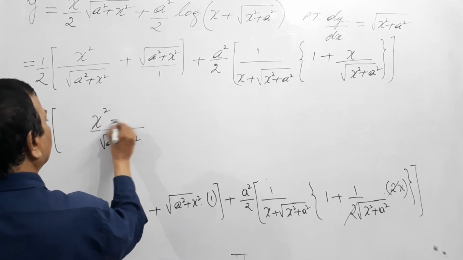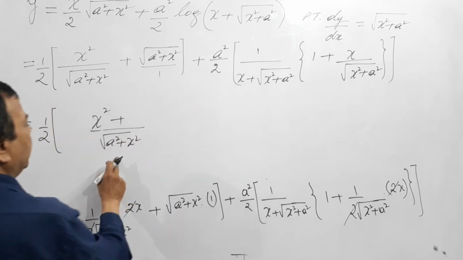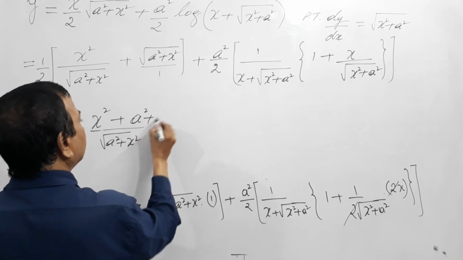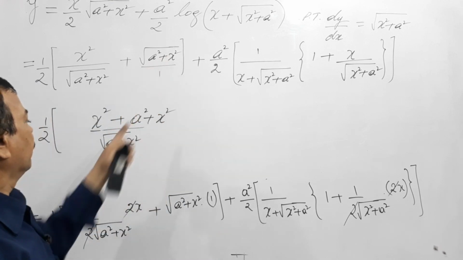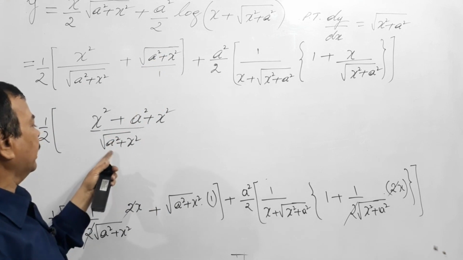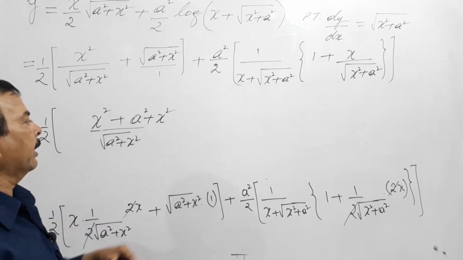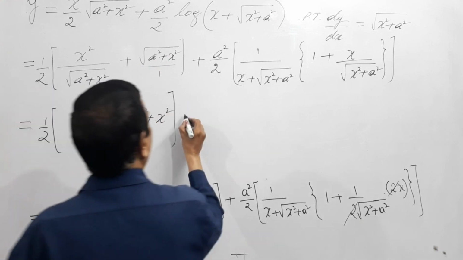This is x square plus 1 into this. What happens? 1 into a square plus x square into this becomes a square plus x square. Root gets cancelled because 1 into this becomes under the root a square plus x square into a square plus x square becomes a square plus x square. Done. So this part is over.